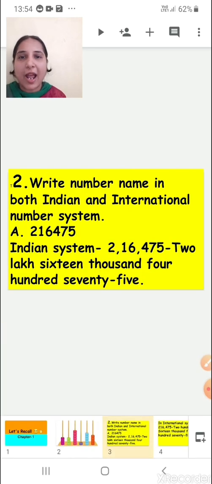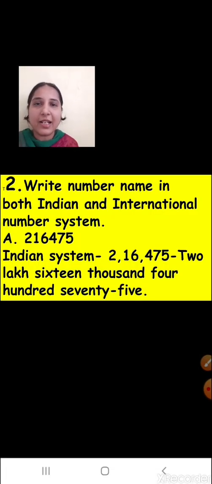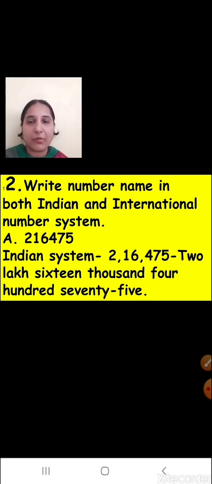Now you have to write the number name in both the Indian and international number systems. So first, according to the Indian place value system, you will put the commas and then you will write the number name. So what will be the number name? It will be 2,16,475.